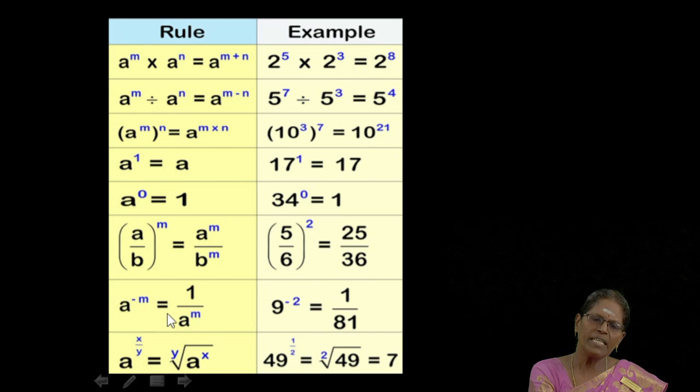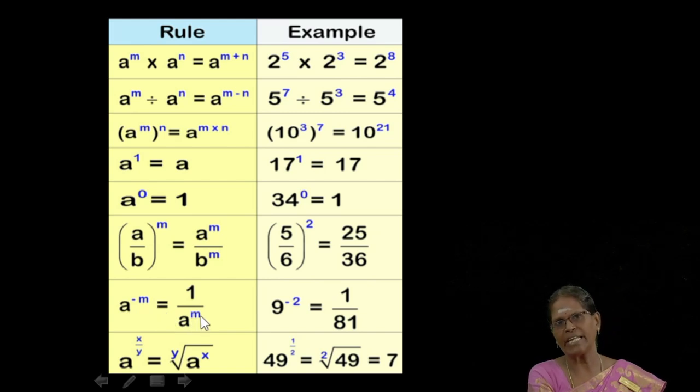We can convert the negative index into positive index by means of giving a reciprocal to it. So a to the power minus m can be written as 1 by a to the power m. For example, 9 to the power minus 2 is equal to 1 by 9 square. 9 square is 81. And regarding fractional index, here we are having numerator and denominator.